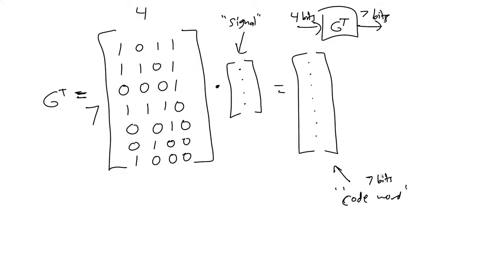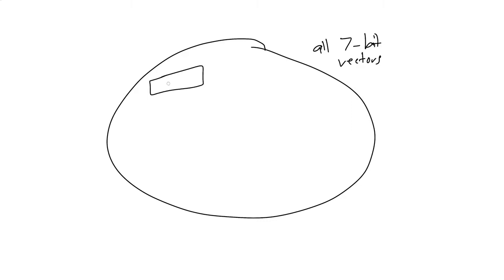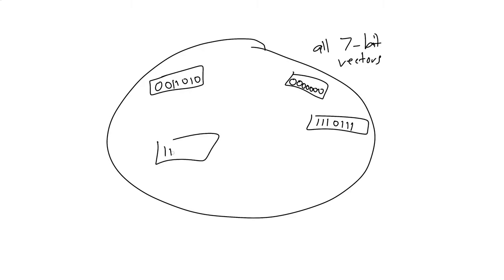So if you think about it, this is the situation we have. Let's say this is the space of all possible 7-bit vectors, all possible 7-bit quantities. One of the things in here is 0011010. Another thing in here is 0000000. Another thing in here is 11101111. Another thing in here is 11000101, etc. Right? There's 128 things in this box. But of those 128 things in a box, only a certain number of them could possibly be gotten from a 4-bit signal.